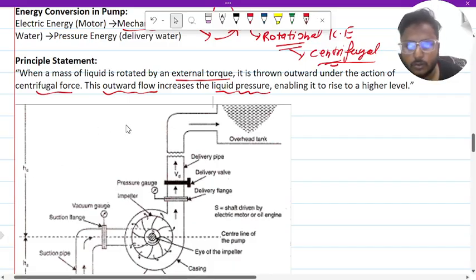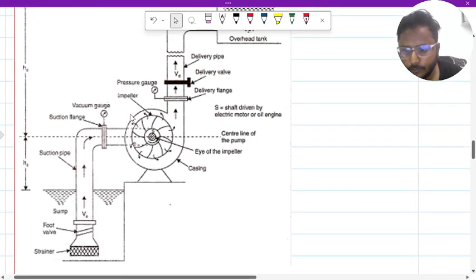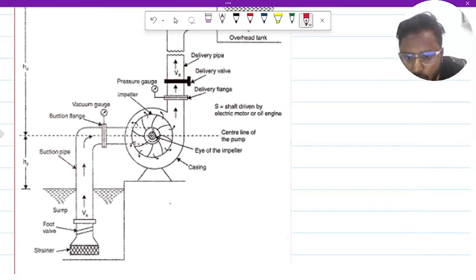Now we will discuss from this diagram. This is the eye of the impeller, and these are the blades, which make up the impeller. And this is the strainer.